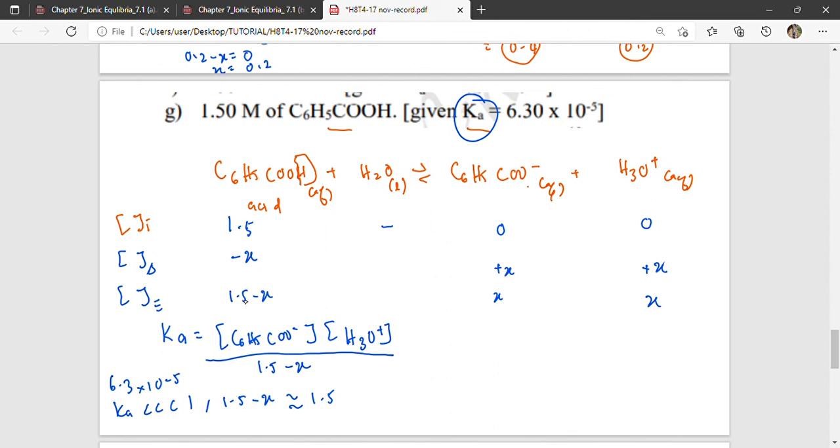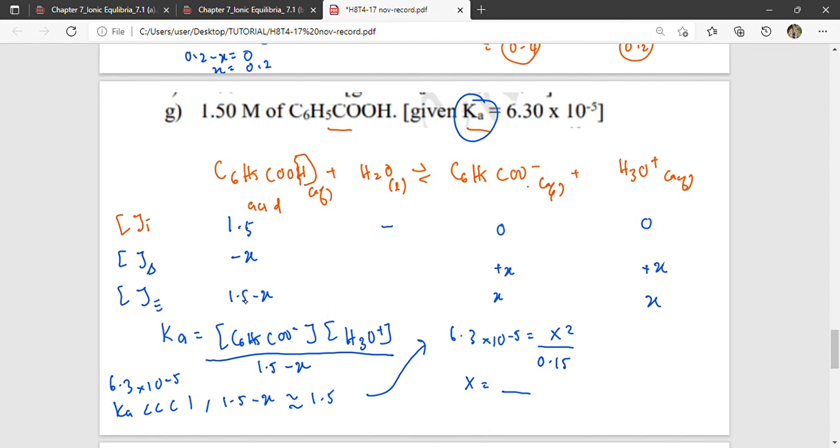Then you substitute. 6.3 times 10 to the power negative 5 is equal to x squared over 1.5. We neglect the negative x here. So you solve for the value of x.